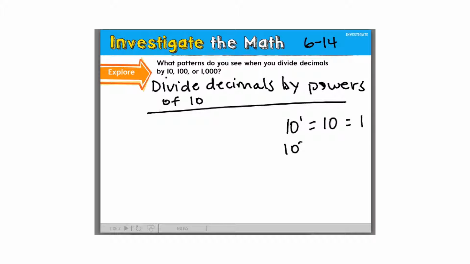If you see 10 to the second power, it's the same thing as 100. I want you to write it one more time in this one. And that's the same thing as moving the decimal two spaces. If you see 10 to the third power, that would be 1000, and that would be moving the decimal three spaces.